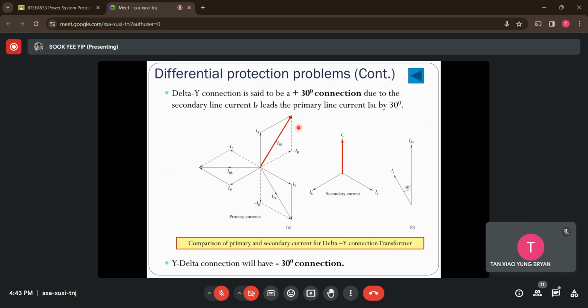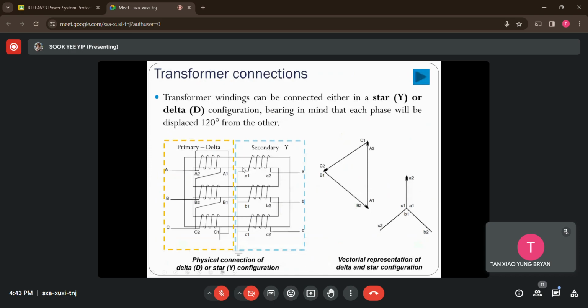Why? Because both windings are mounted on the same leg of the core. What is meant by the same leg? If you go back here, this is the transformer core, first leg, second leg, and the third leg here. Both the primary winding and the secondary winding are within the same leg of the core. All right, so they should be in phase.